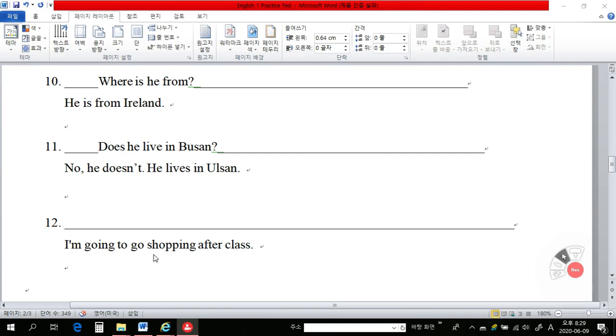So in this one, again, it's another information question. So there's no yes or no, so it does not begin with an auxiliary verb or a modal or the be verb. It's just going to begin with something like this. Now, you might look at this, going to go, and you might be tempted to write where.